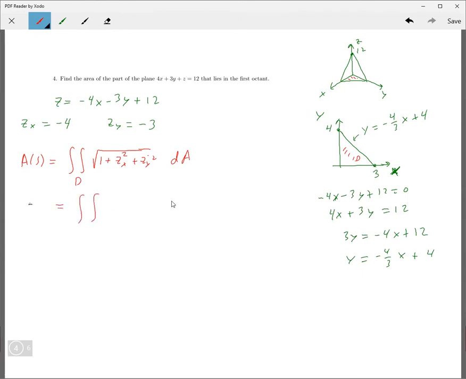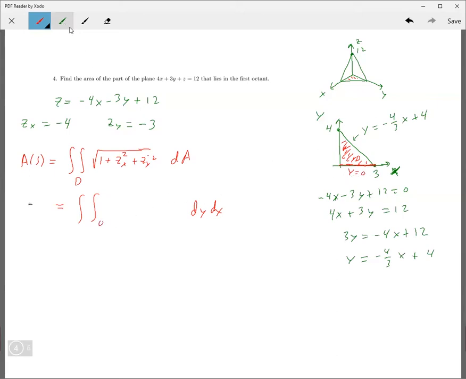So if we want to integrate over this region D, let's go y first and then x. What are the limits on y? It's going to be from 0, the bottom one.